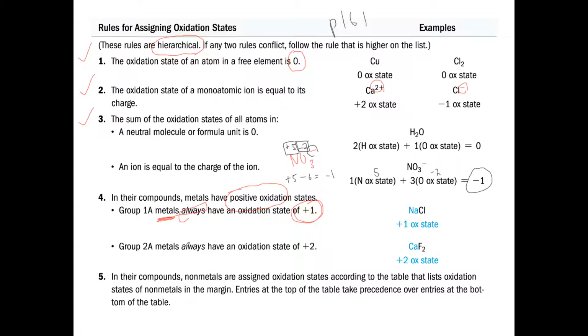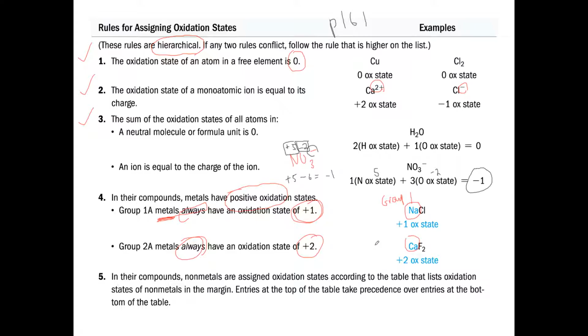Group 2A metals always have an oxidation state of +2. So in calcium fluoride, calcium is going to have a +2. In sodium chloride, sodium is going to have a +1 because that's in group 1. Look at the periodic table and prove it to yourself.